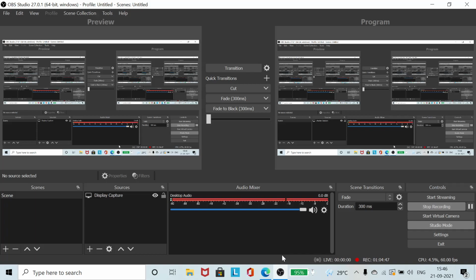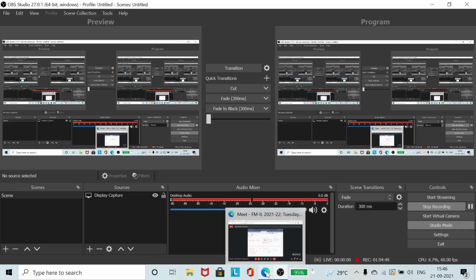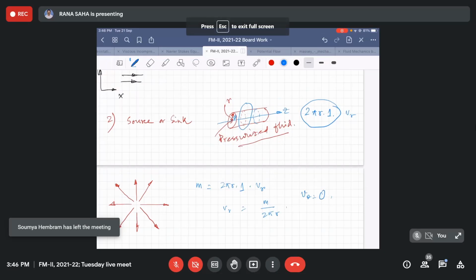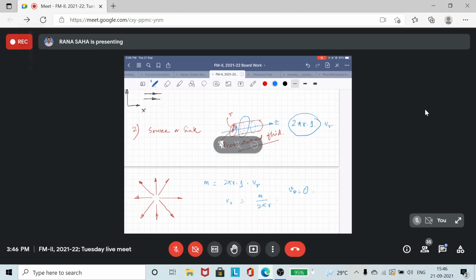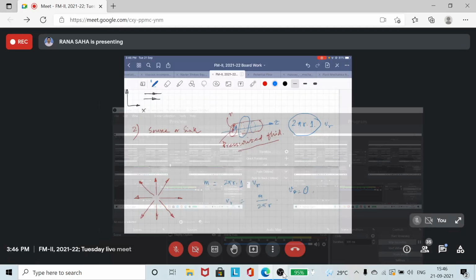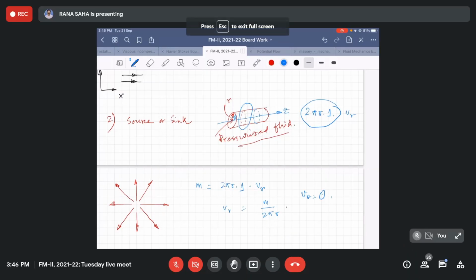So this is the way we have started to define the source flow, and accordingly you can have the definition of stream function and velocity potential. The relations for stream function and velocity potential with respect to the radial and tangential components of velocity, that is VR and V theta, are: VR is equal to minus 1 by R del psi del theta, as it is.